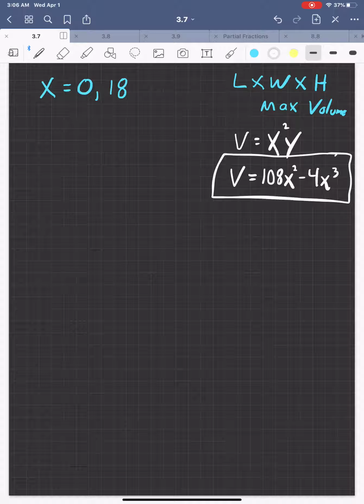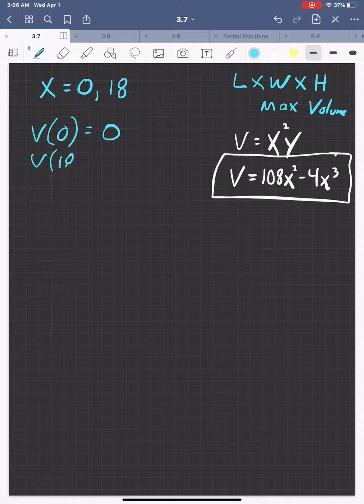Okay, so let's see what happens. I think we can agree that if you choose 0 for x, you're not going to have any volume because you don't even have a box. You just have a flat piece of cardboard.